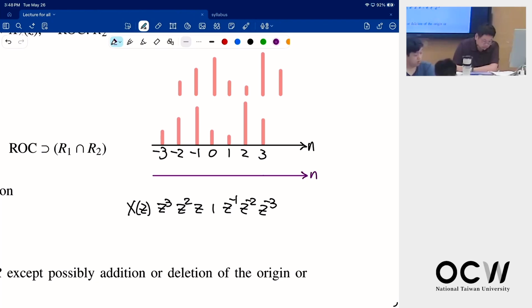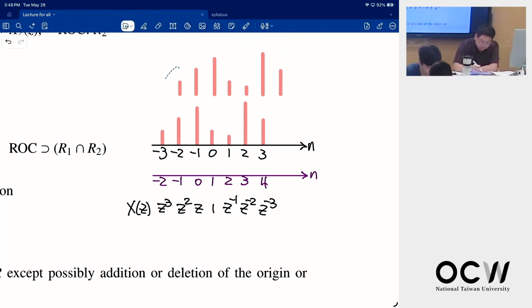So here will be 4, 3, 2, 1, 0, minus 1, minus 2.